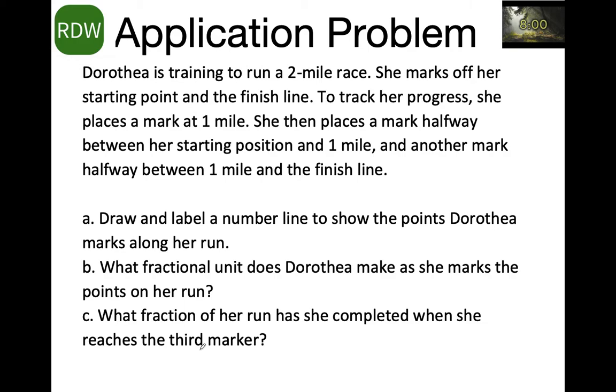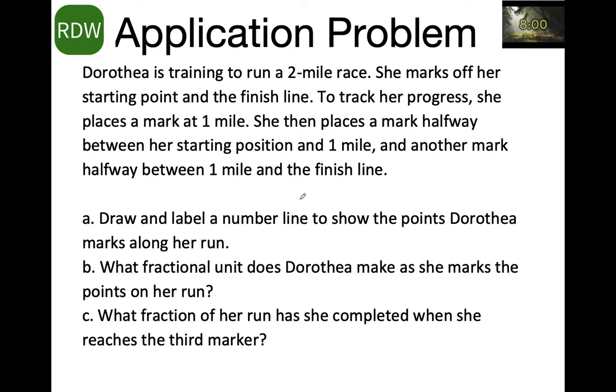Dorothea is training to run a 2-mile race. She marks off her starting point and the finish line. To track her progress, she places a mark at 1 mile. She also places a mark halfway between her starting position and 1 mile, and another mark halfway between 1 mile and the finish line.